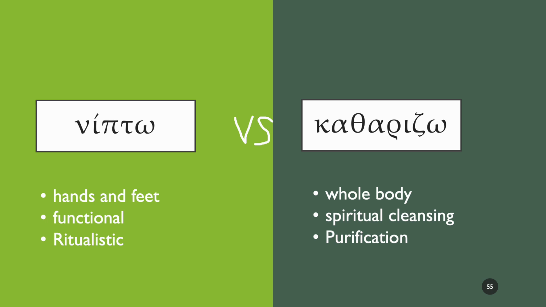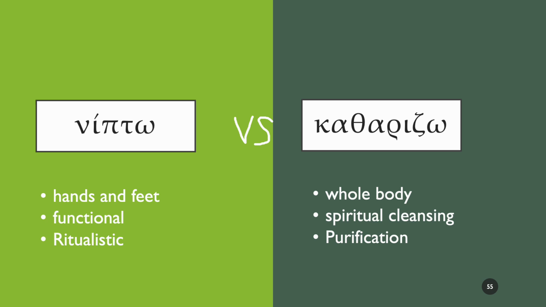We often see in the Bible, katharizo is the verb used for cleaning, which we get cathartic from. Katharizo is more about the whole body and about spiritual cleansing and about purification. Nipto tends to be a more functional sort of thing. It's used for ritualistic washing.